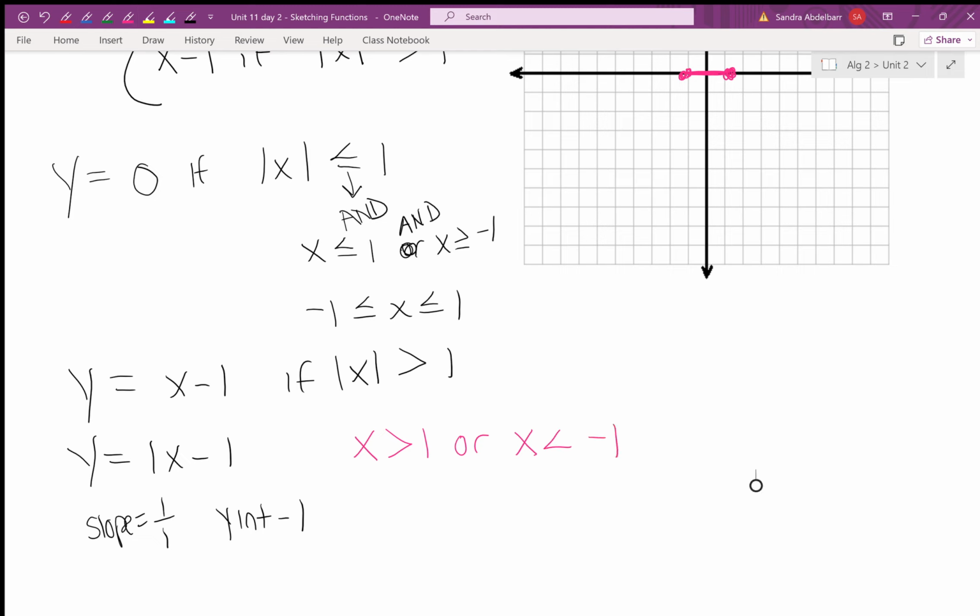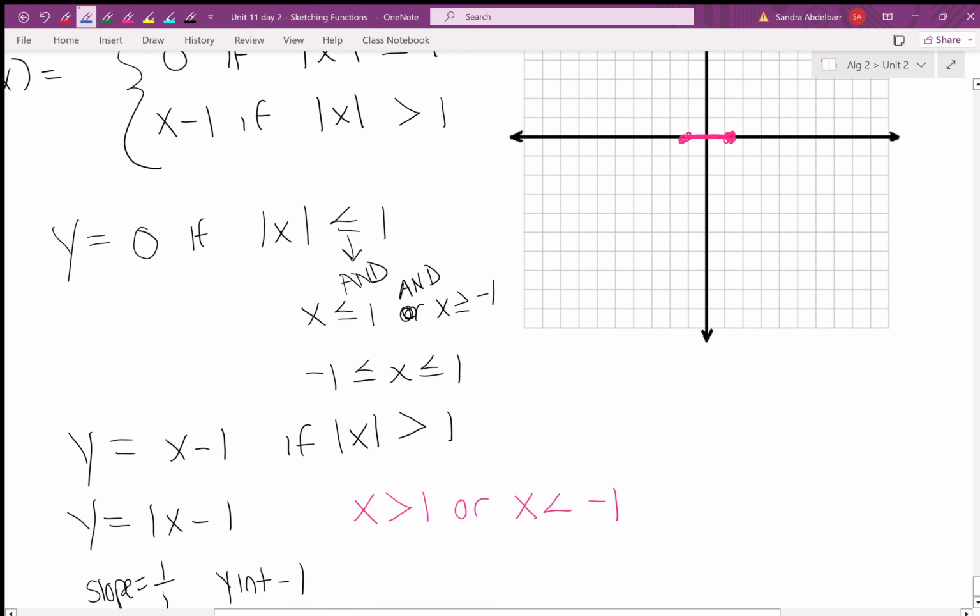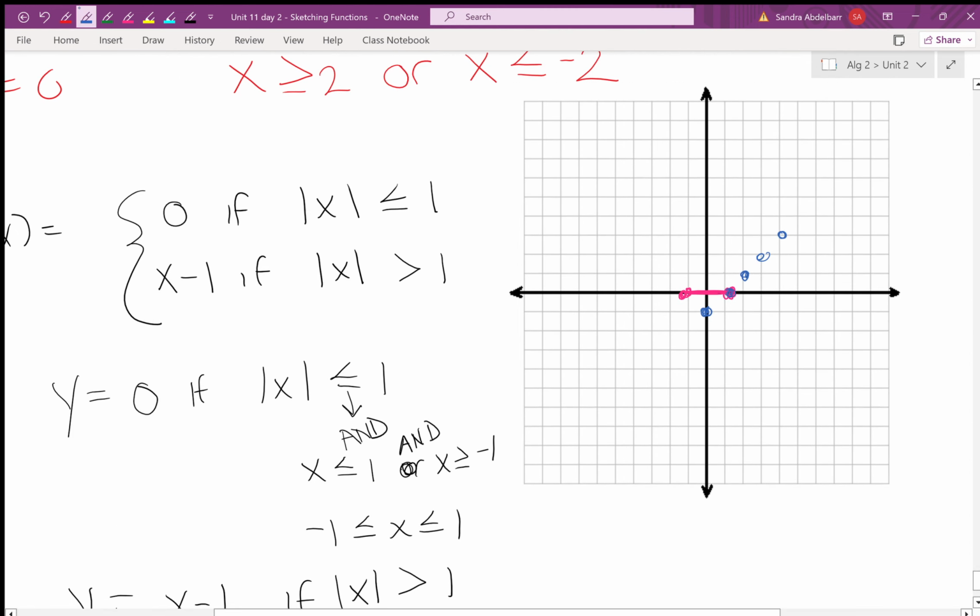All right, so what does this line look like? We're at a y-intercept of -1. And then we're up 1, right 1, up 1, right 1, up 1, right 1. So all closed circles. Down 1, left 1.